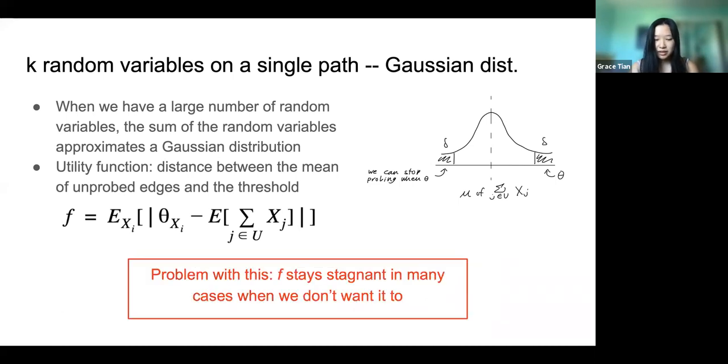The problem that we had with this was that the mean and the threshold can decrease by the same amount, so the difference in distance always stays the same, no matter how many edges we probe. While this is submodular, it doesn't actually give us any useful information.